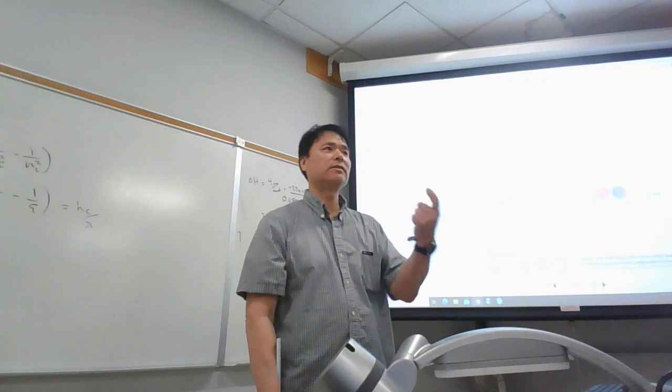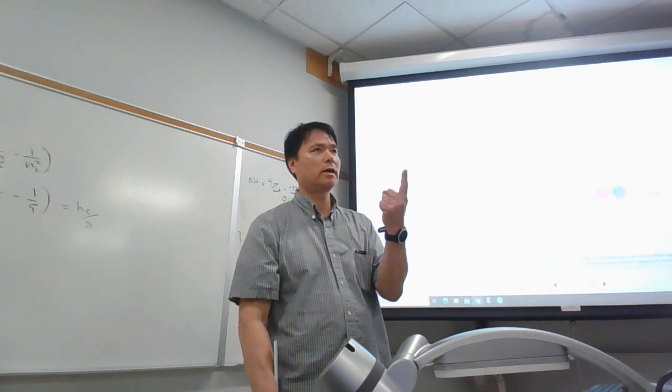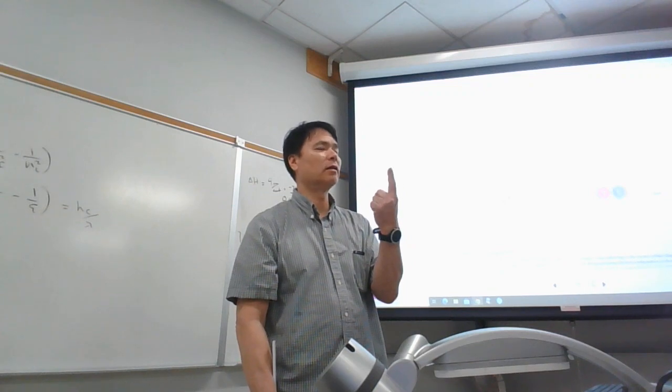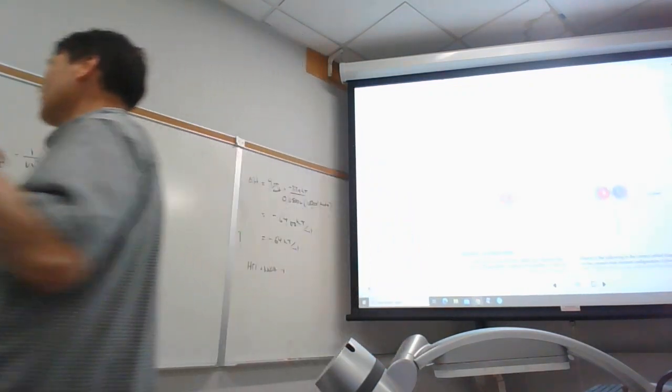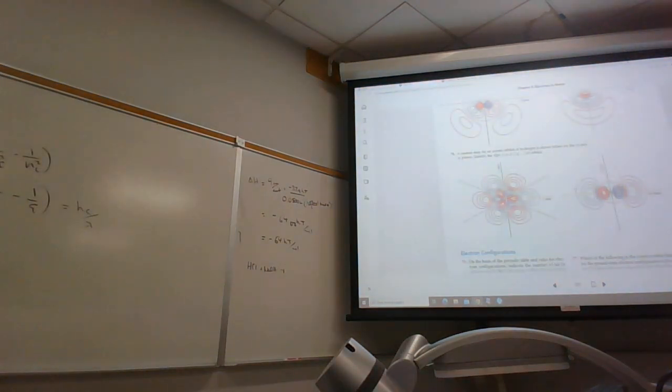Well, F is what, 2? Is that right? Or 3? And L. No, I mean, there are different ways we can figure it out. But one way is S is 0, P is 1, D is 2, F is 3, G is 4. There is a 5G orbital that exists.